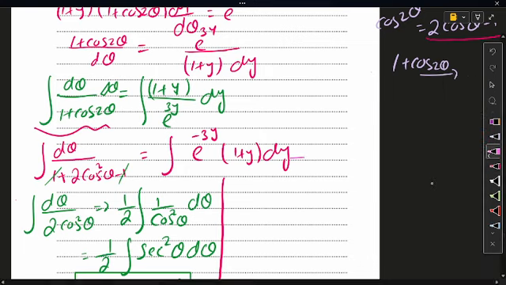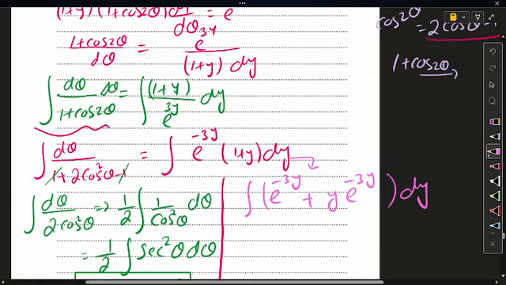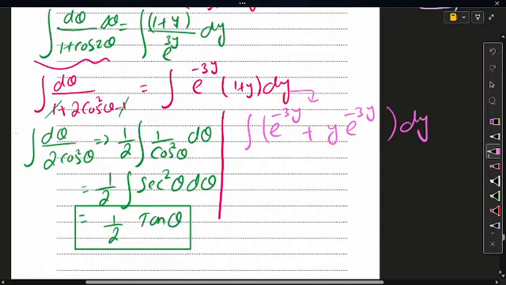So you will write your integration this way. I'm doing that part with a pink marker. So that becomes e raised to the power minus 3y plus y times e raised to the power of minus 3y as a whole, dy. Right? Now I am applying integration over each of the terms separately.